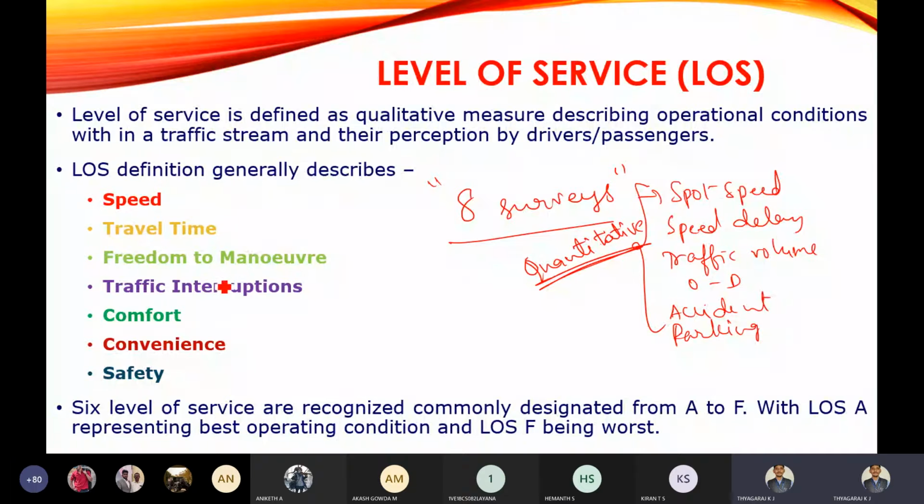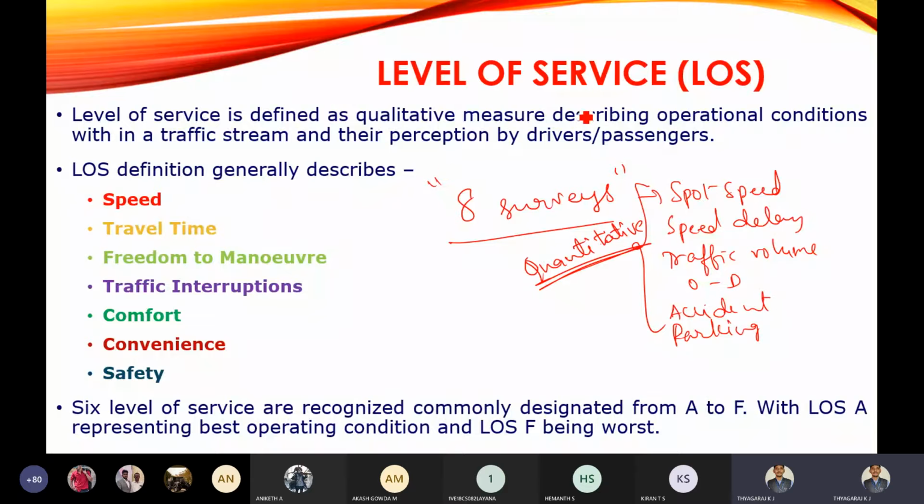These are the qualitative measures we are going to see, that is, level of service.